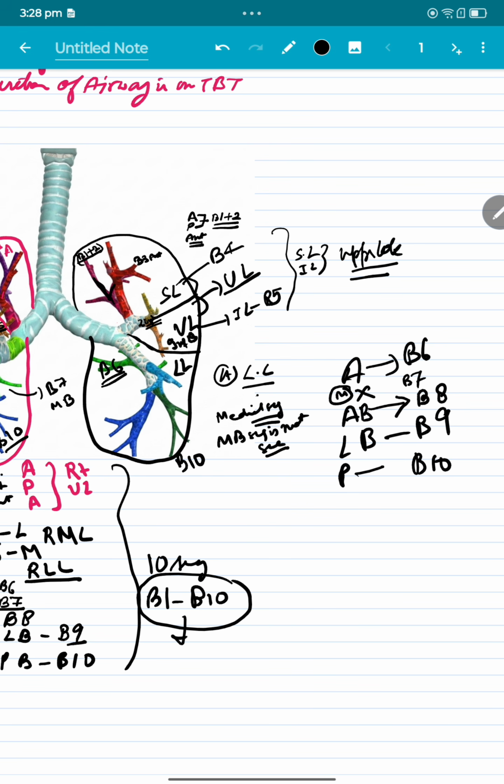Posterior basal is B10, lateral basal is B9, and anterior basal is B8.